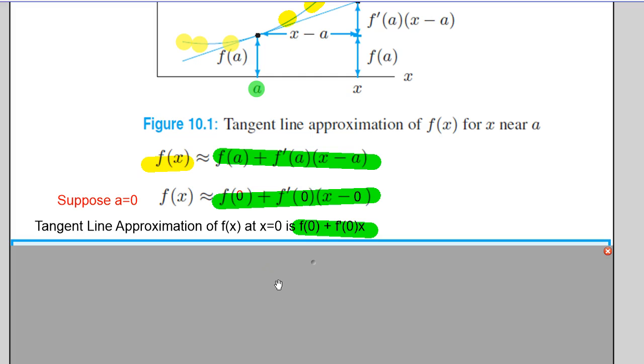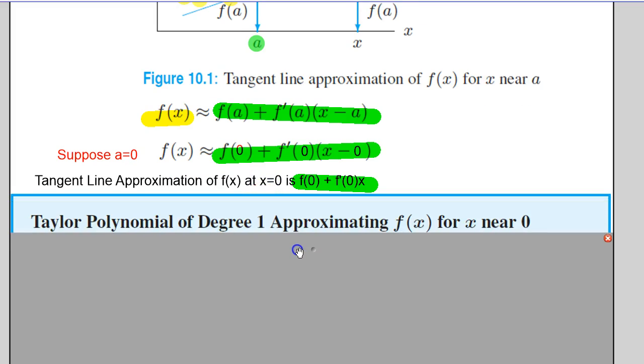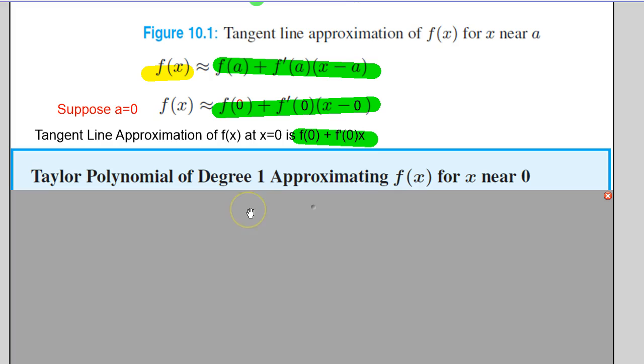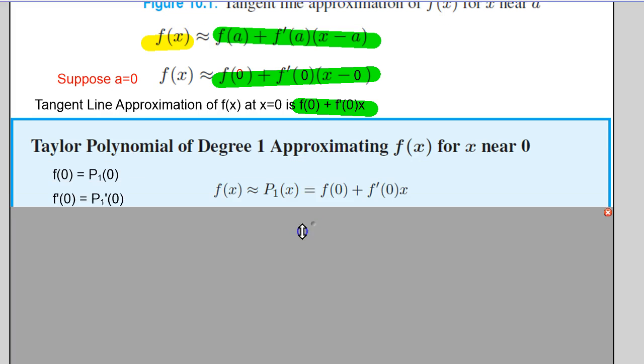It's actually another name, and the other name for it is a Taylor polynomial of degree 1. Instead of just saying tangent approximation. They basically mean the same thing, but we're going to see why we use a Taylor polynomial of degree 1 instead of tangent line approximation. And in this case, our a is going to be 0, just to make things simpler while we introduce the topic.